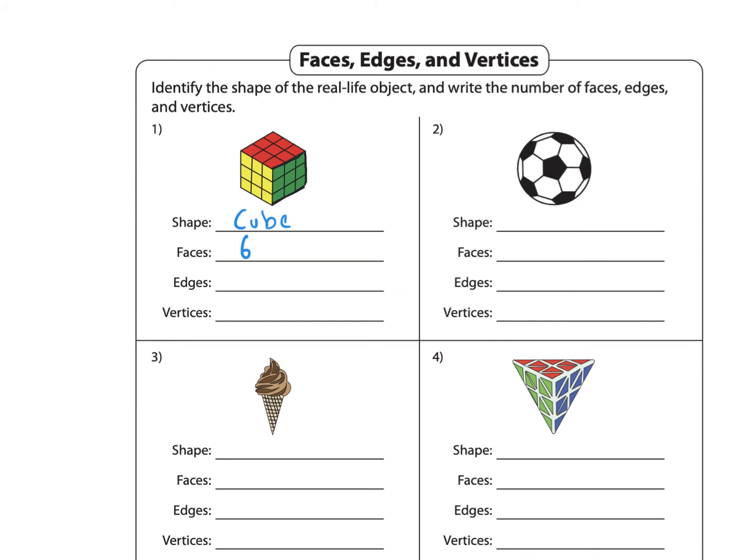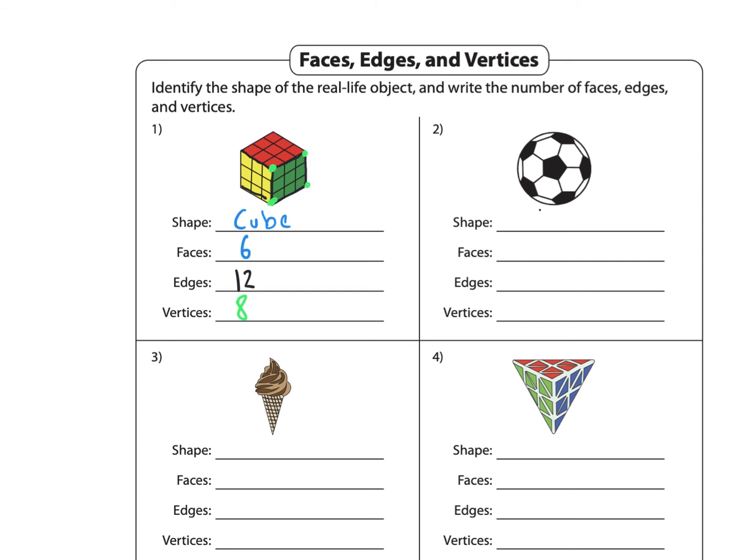So I have 4 edges on each of my 2 ends. If you're holding a cube, it's easier to see. And then connecting, I would have 9, 10, and 2 more on the other side to give me 12 edges. My vertices are those corners. So if I have 4 corners on each side, that would be 8 vertices.